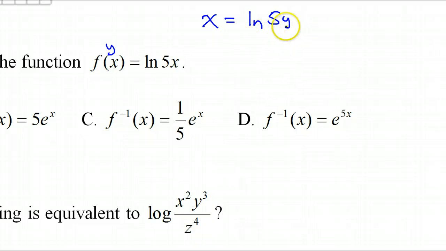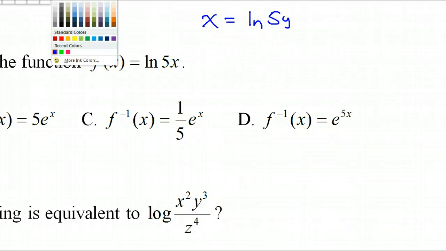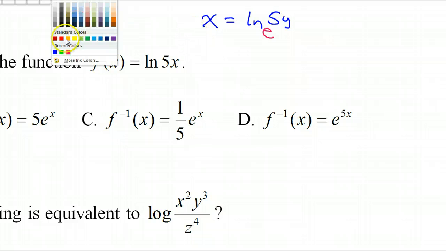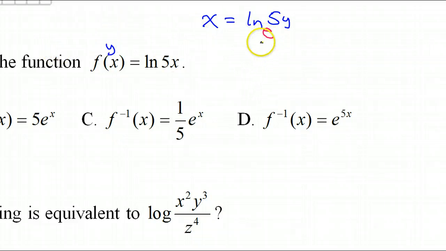To solve for y, I need to write this in exponent form. Please understand there is an invisible base e when you're dealing with natural log, and we're going to have to use that. So in exponent form, you start with the base. Bring down that e, and there it is.